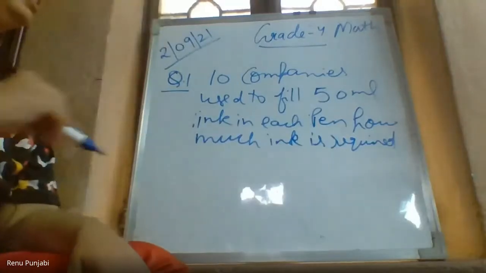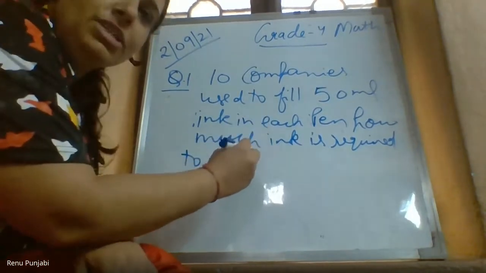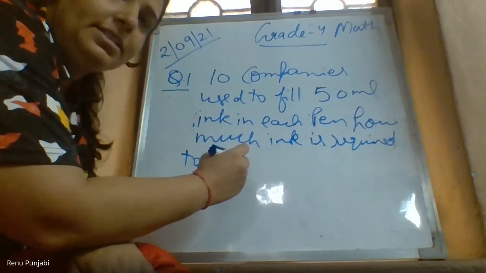How much ink is required to fill 1,500 pens? Yes, ma'am, you have written 50 ml of ink in each pen. How much ink is required to fill 1,500 pens?